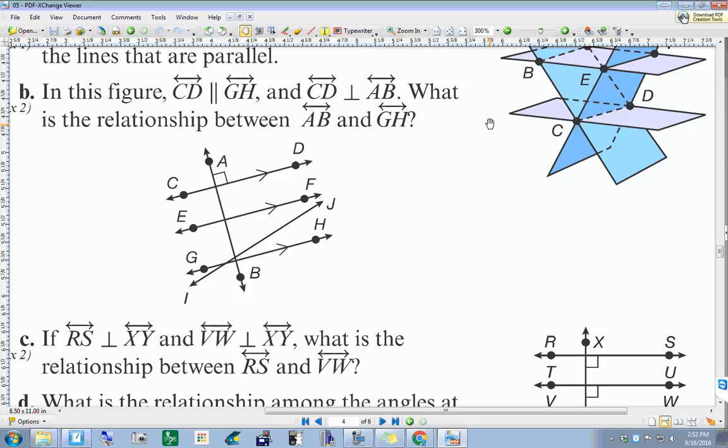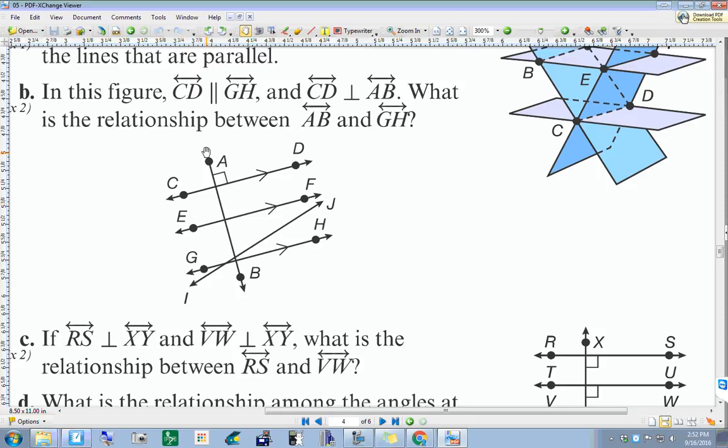Number 9. Not here. Terrible. 13. Serena. Okay. In this figure, I have CD parallel to GH. I have CD perpendicular to AB.